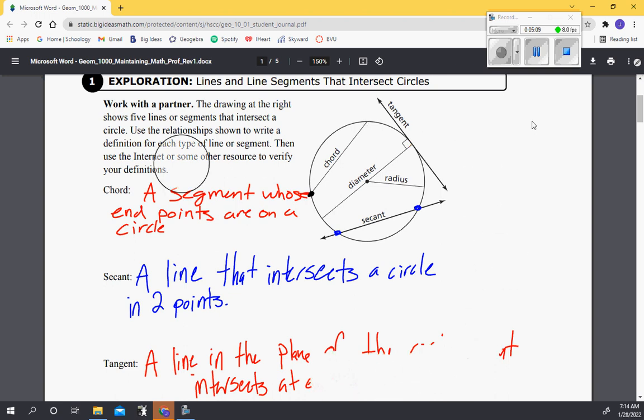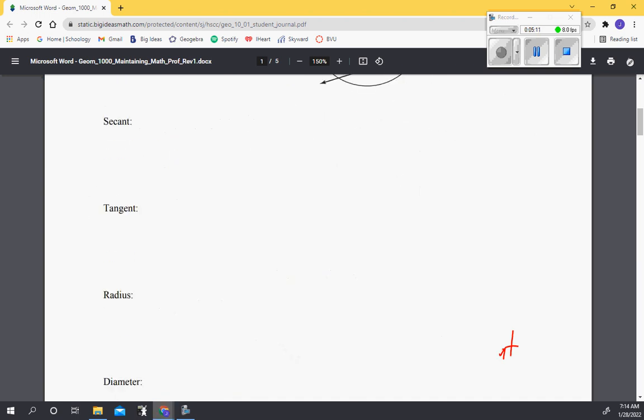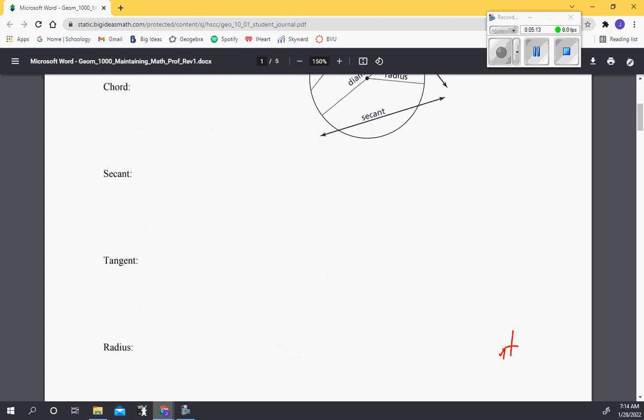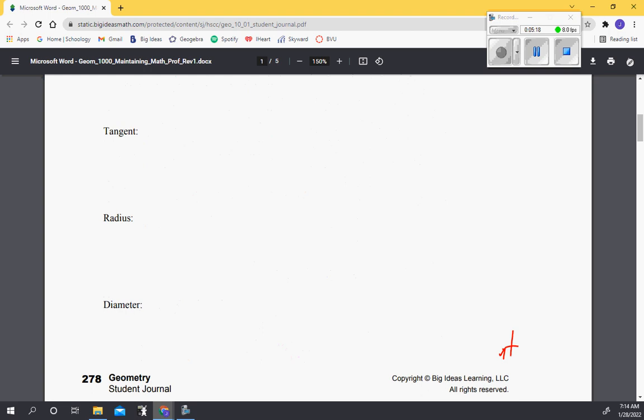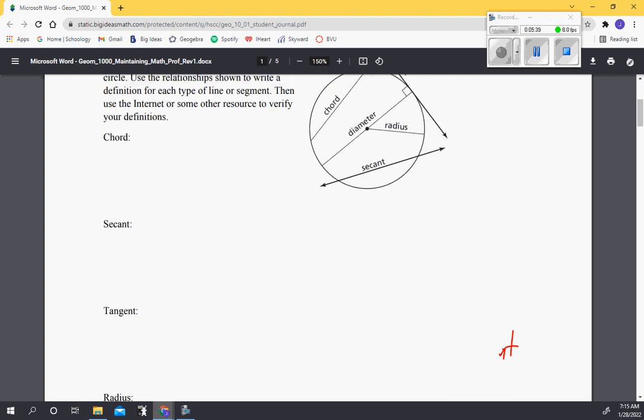Moving on. The radius, if you look at the radius, they don't give me a definition, that's fine. I'll create my own. The definition of radius is it's half the diameter of a circle.